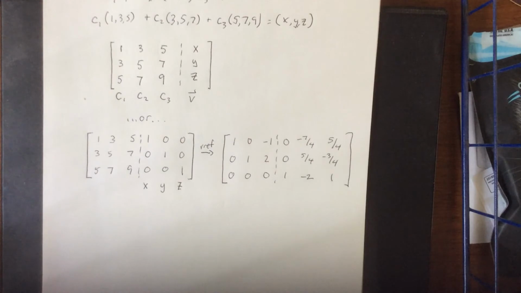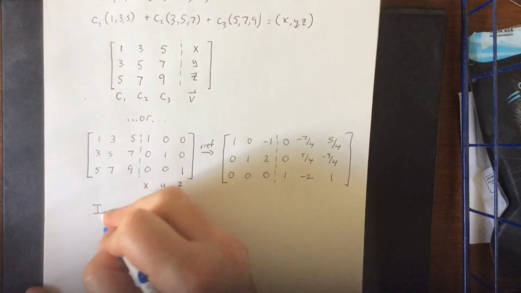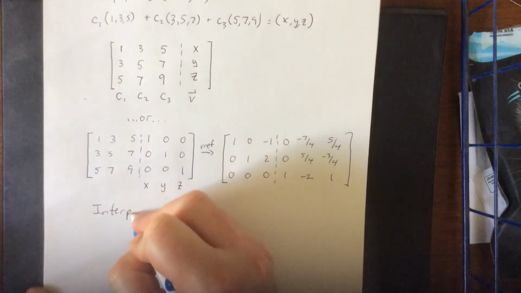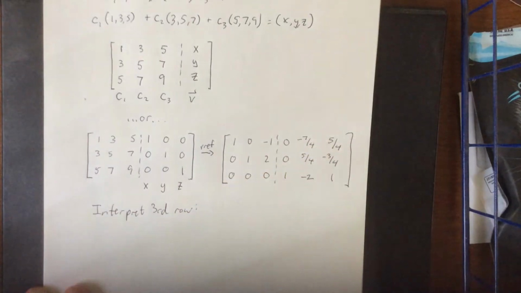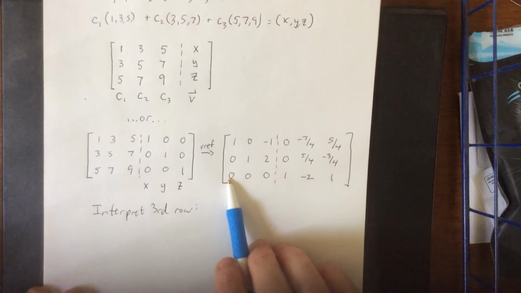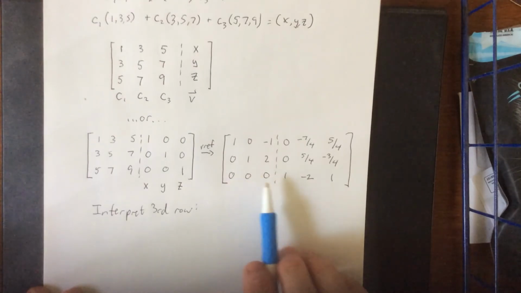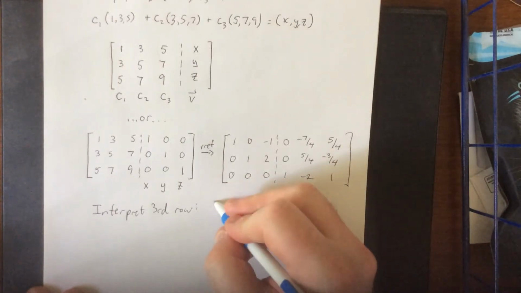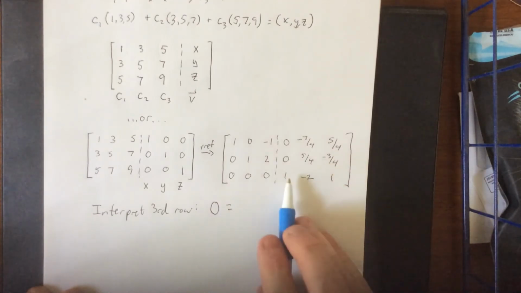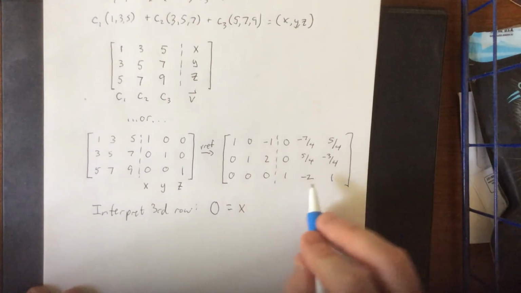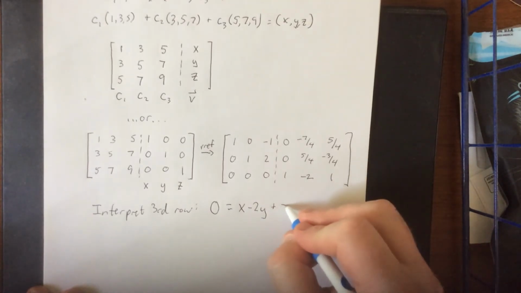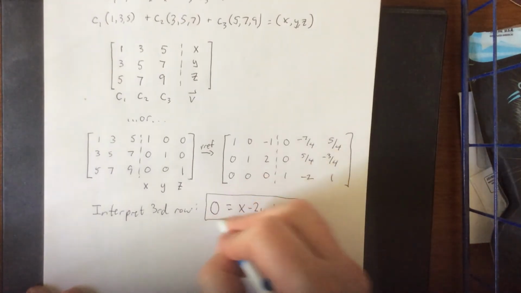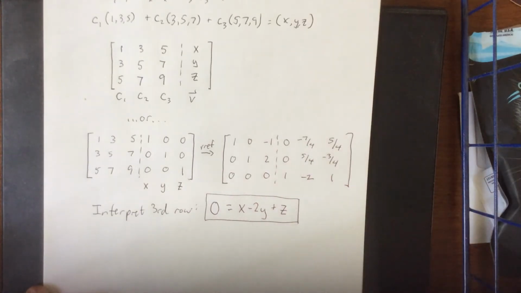The reason that this is of interest to me is the interpretation of that last row. So what we're saying is 0 times c1 plus 0 times c2 plus 0 times c3 is equal to 1x minus 2y plus 1z. This is what we refer to as a restraint or a constraint.